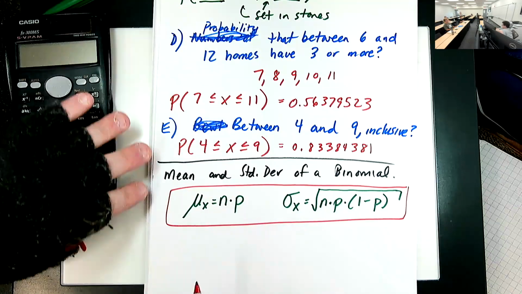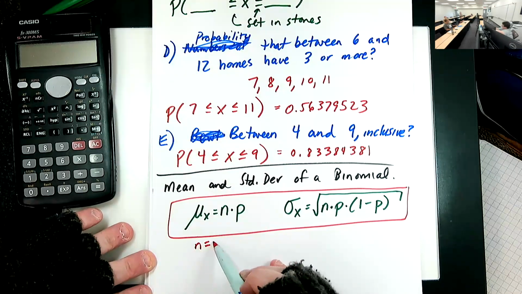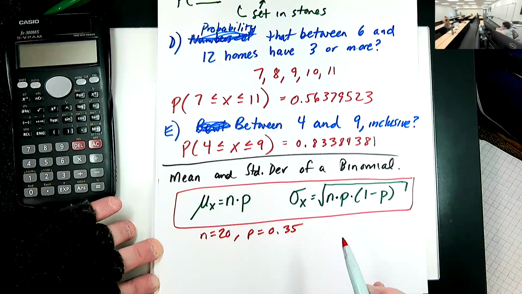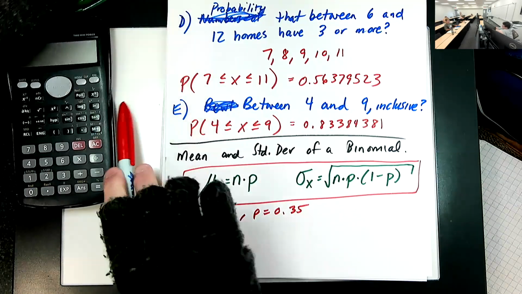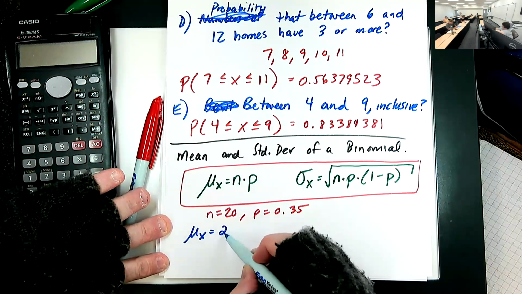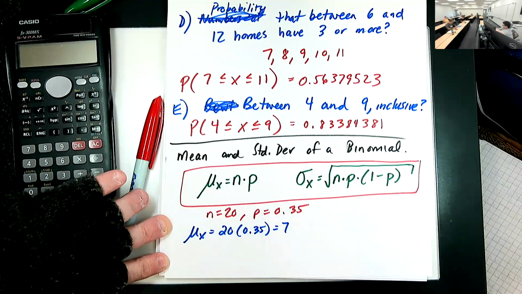So for this problem we had with the cars, n was 20, p was 0.35. This means mu of x is 20 times 0.35, which is 7.